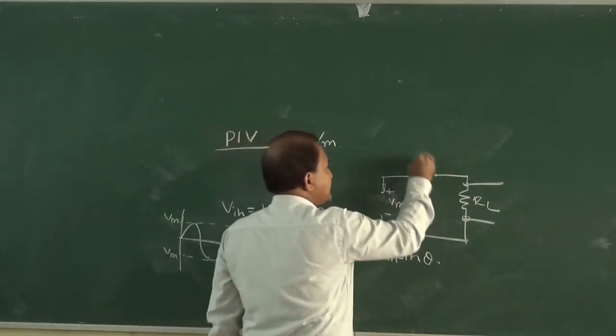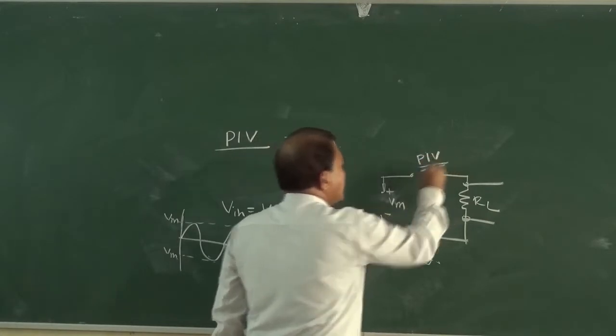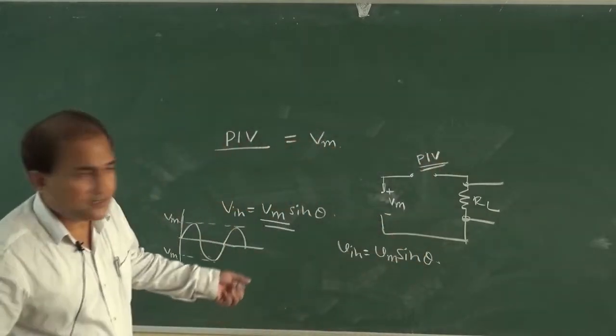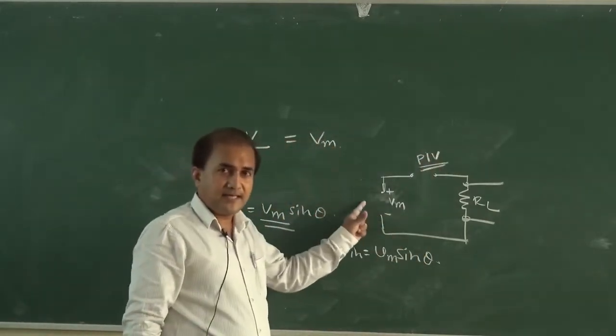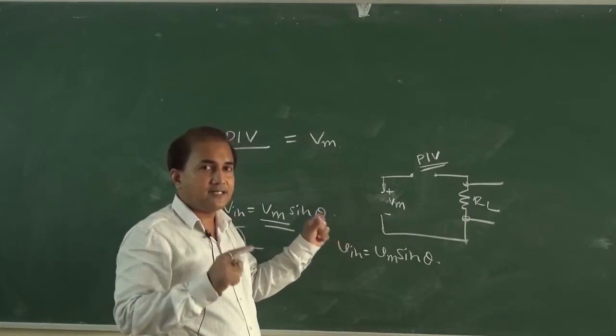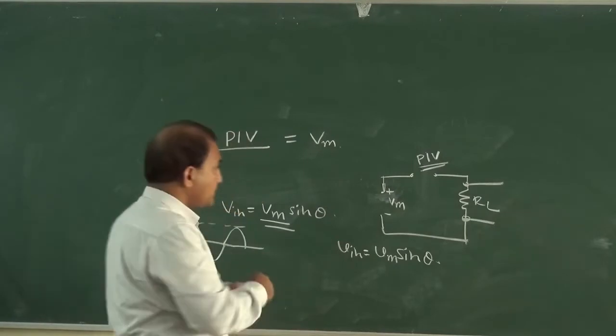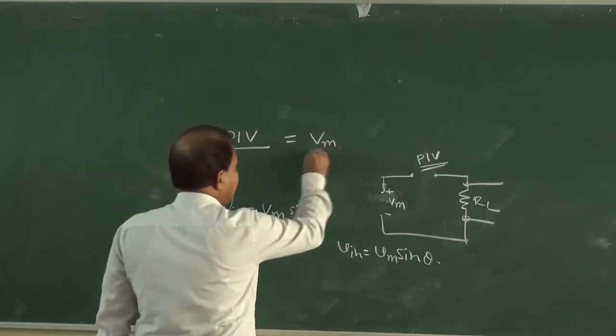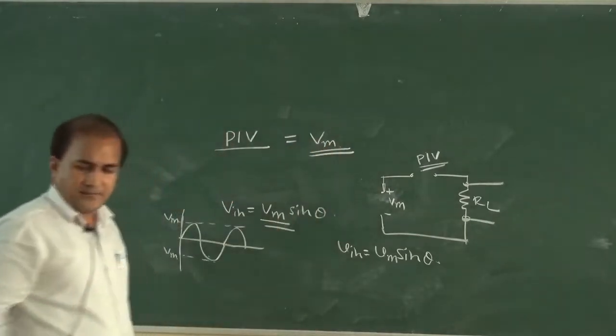So this is the peak inverse voltage. The peak inverse voltage is the maximum reverse voltage that a diode can tolerate in reverse bias condition. So in case of a half wave rectifier circuit, it is equal to Vm.